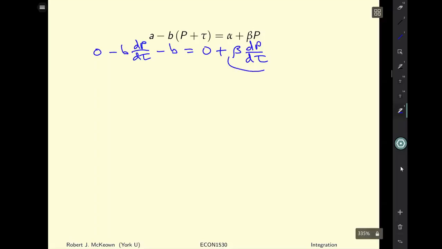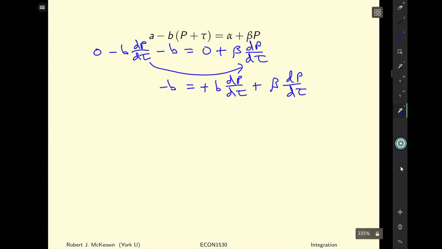Now we want to collect our like terms. And so we're going to maybe move this one over here. So we've got plus b, dP/dtau, plus beta, dP/dtau, and this is equal to negative b.